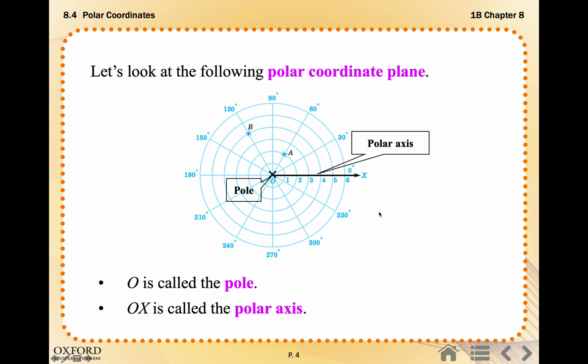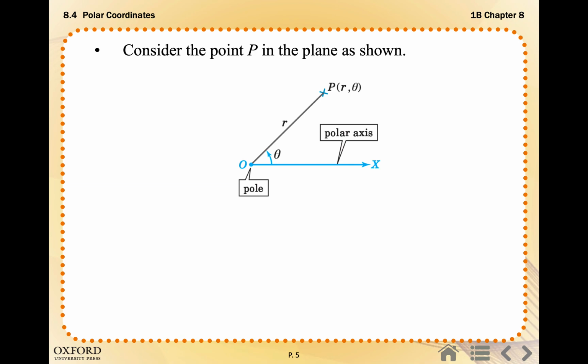How do we represent a polar coordinate? Let's look at this diagram. For example, consider a point P in the plane as shown. For the polar coordinate, we also need two coordinates, but not x and y.